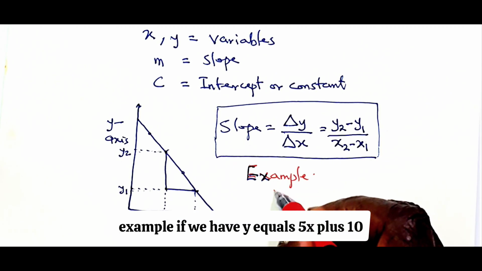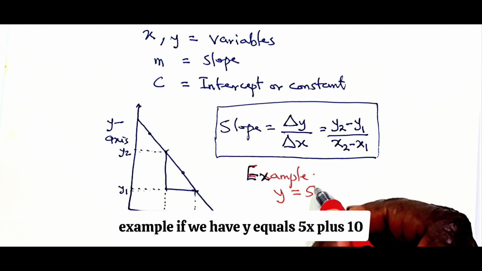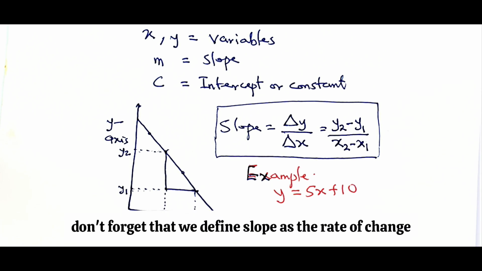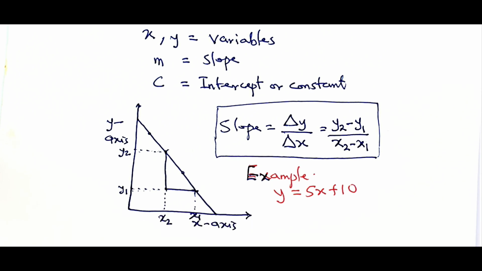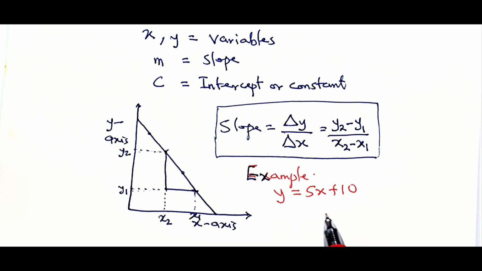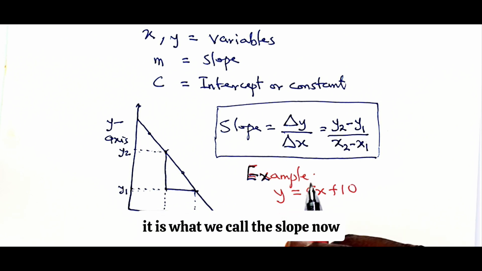Example, if we have y equals 5x plus 10. Don't forget that we define slope as the rate of change, and also we said how much x affects y. It is what we call the slope.